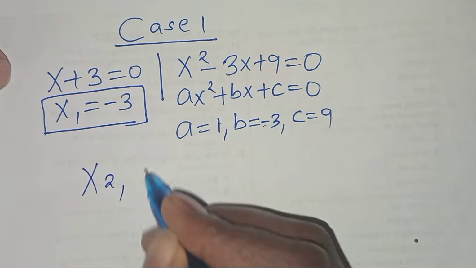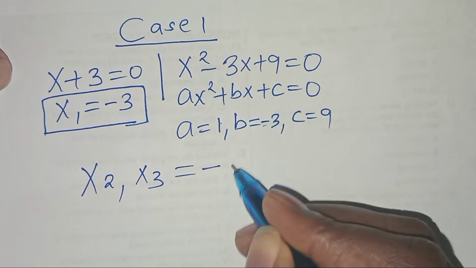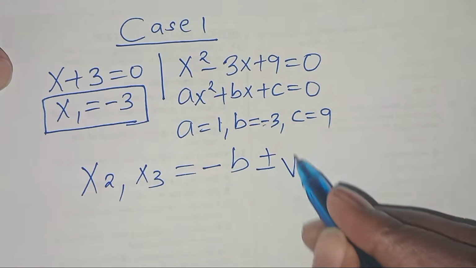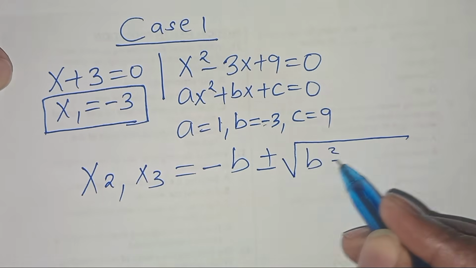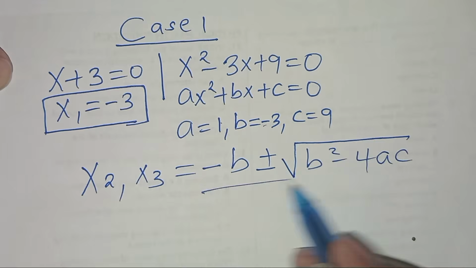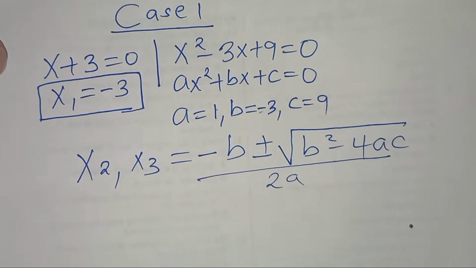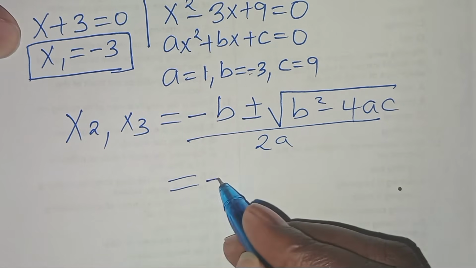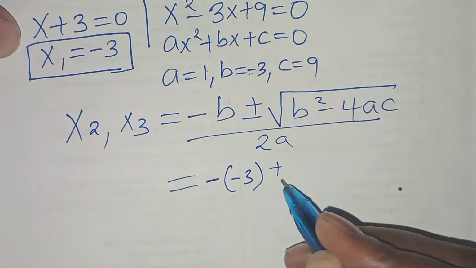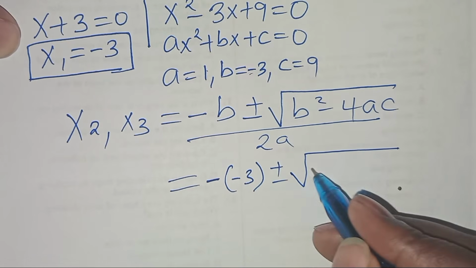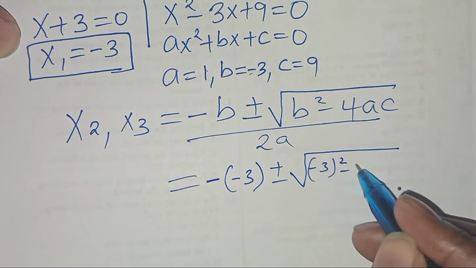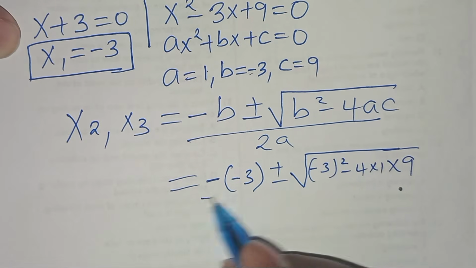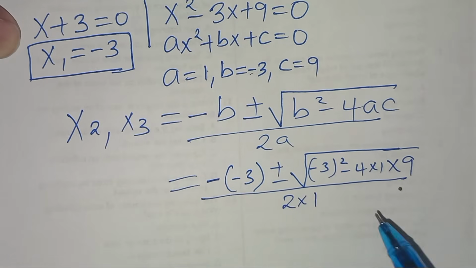So for x2 and x3, we can express this by applying the quadratic formula, which is negative b plus or minus the square root of b squared minus 4ac, divided by 2 times a. Now applying this formula, we'll have negative negative 3 plus or minus the square root of negative 3 squared subtract 4 times 1 times c, which is 9, all divided by 2 times 1.